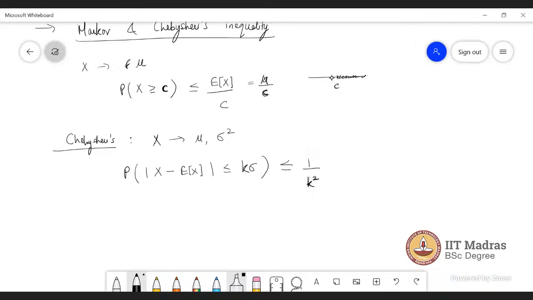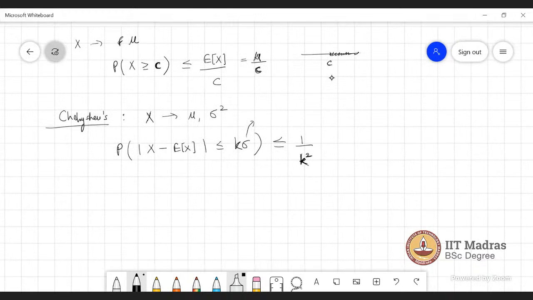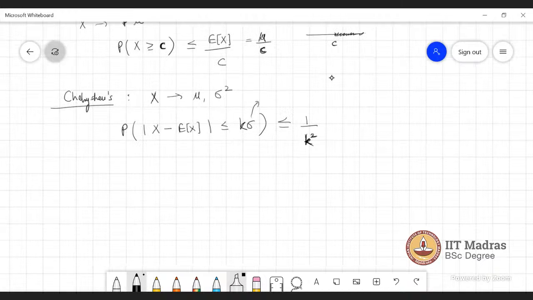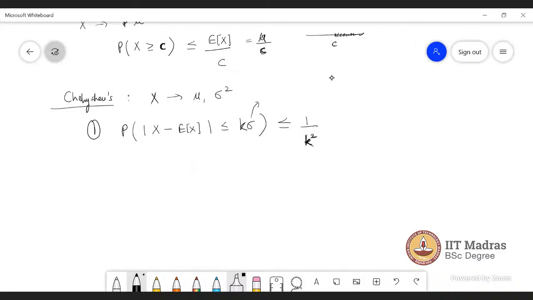Here sigma is your standard deviation for x and k is some constant. I will also write two more forms of Chebyshev's inequality. Whatever seems easier to you, you can use in the exam.